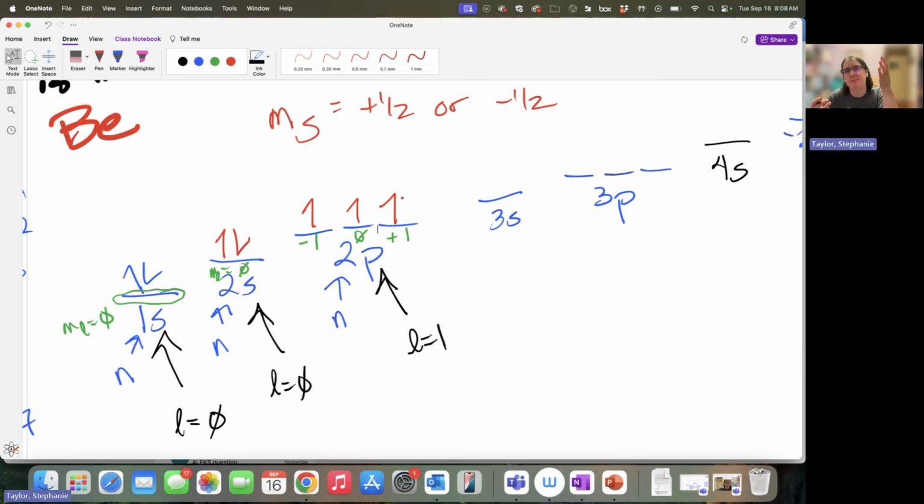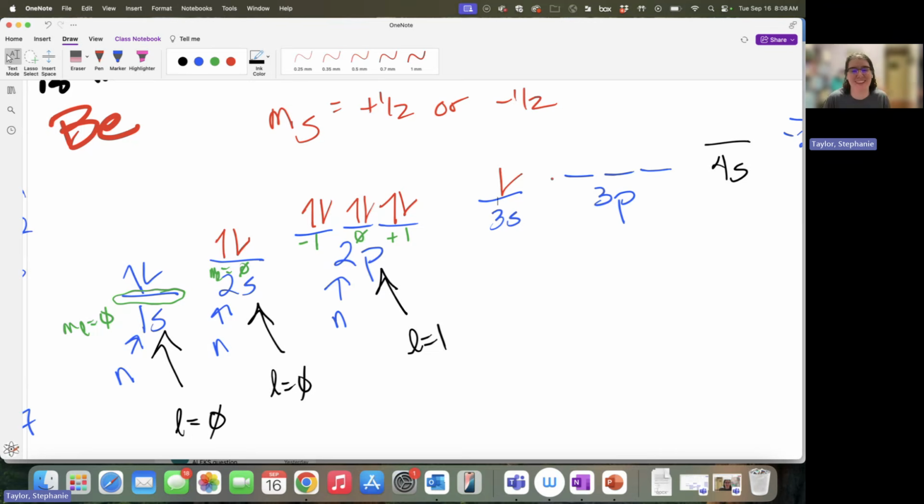Because I personally think of up and positive as going together, if I say draw me something with a positive 1/2, I usually do an up arrow, but it doesn't really matter. What matters is they're equal and opposite. I could just draw a down arrow and say that has positive 1/2 because I said so, and that's fine.